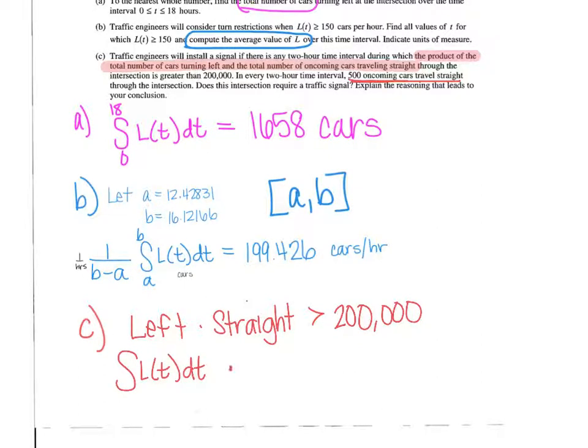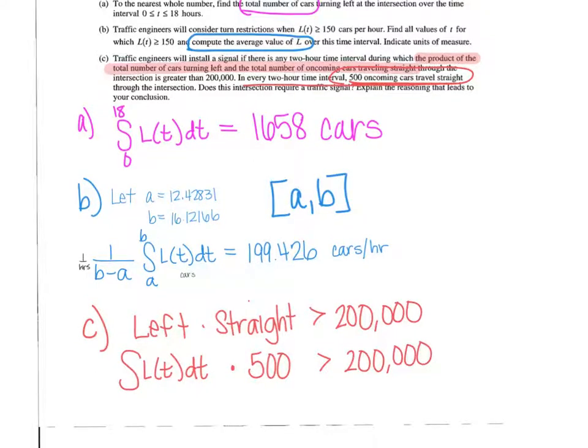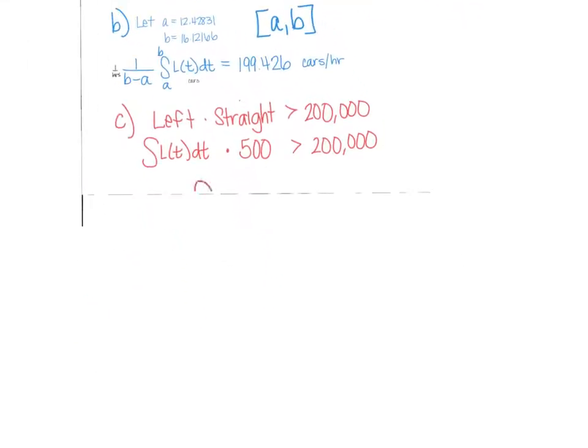And it says in every 2-hour time interval, 500 total cars go through the intersection. So straight is just going to be a flat rate of 500. So really what we're looking for here is, is there a time interval when the integral of L of t dt is greater than 400? That's the question.